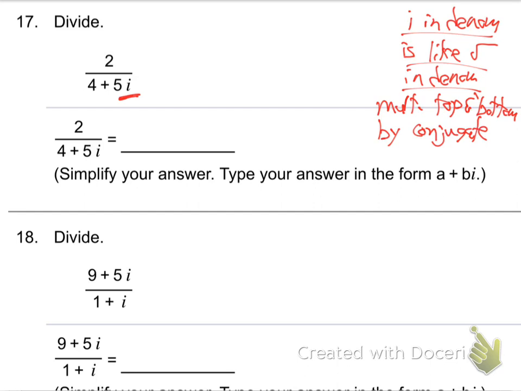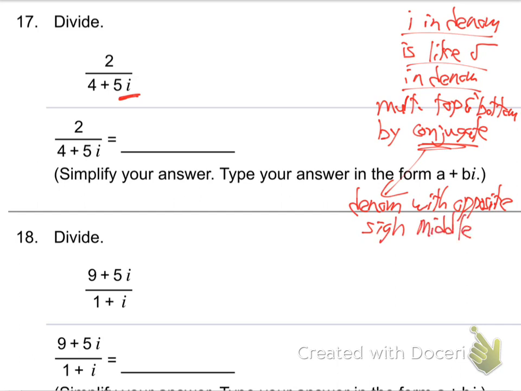Remember, what is the conjugate? It's the denominator with the opposite sign in the middle. So I use exactly the denominator here, but I put the opposite sign in the middle. So I treat it just like I would a root, right? That's what we would do.